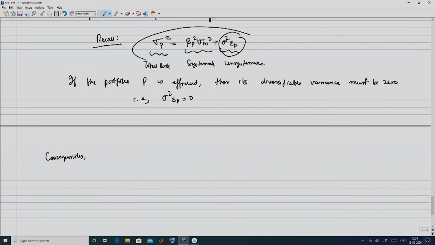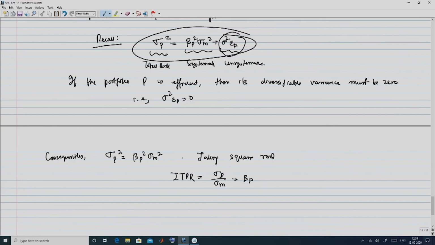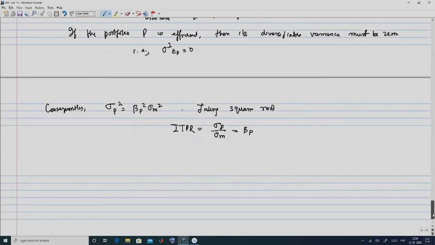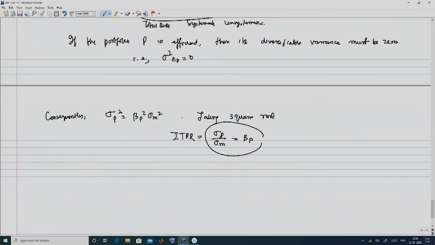Consequently, from this relation we have sigma p square is equal to beta p square sigma m square. So, taking square root, what do we have? We have ITPR, which is by definition sigma p over sigma m, is equal to beta p. So we have shown that sigma p over sigma m is beta p.